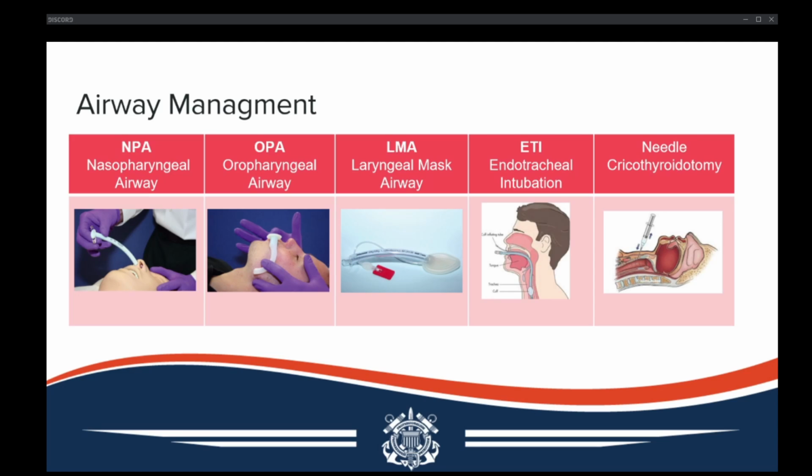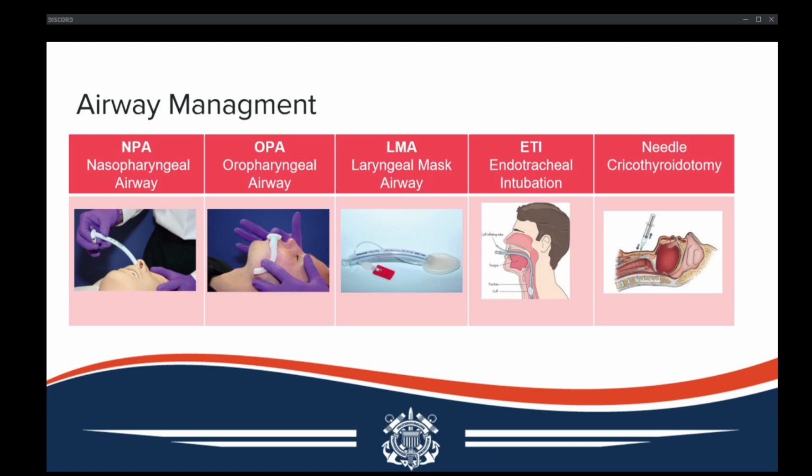Generally not to be used on a patient with a gag reflex that's intact. An NPA, maybe less so than an OPA. You could probably get away with using an NPA on a semi-conscious patient, but it ensures that they have a viable airway for providing some kind of oxygen therapy.